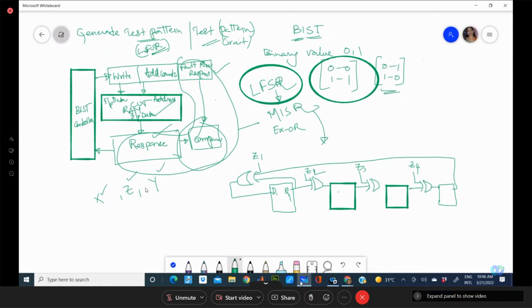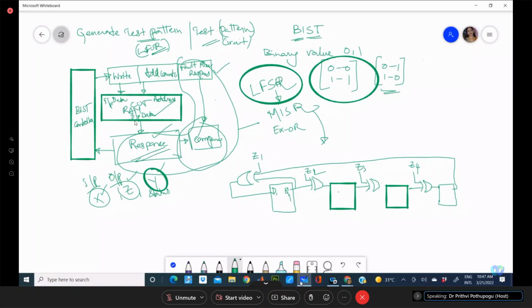This is the standard representation. The set of X means inputs, Z means the set of outputs, and Y is the state. Now what we are taking here is only the outputs, that means the system response, the response of the circuit that will be given out.